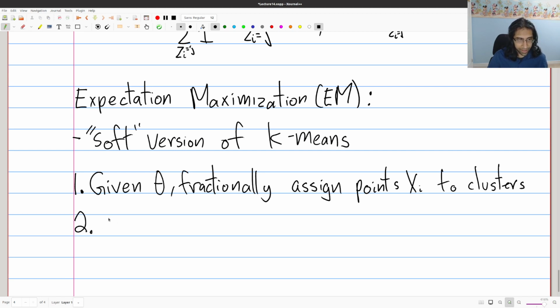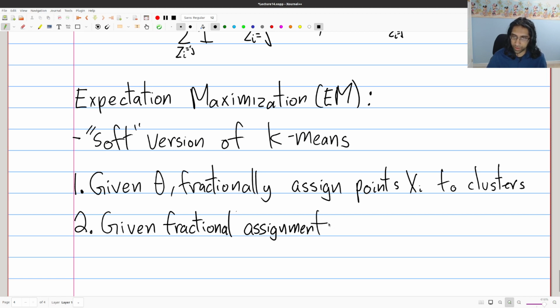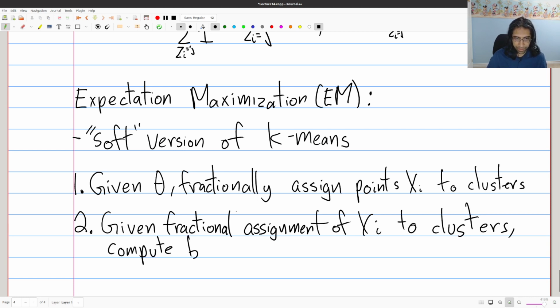The second thing is, given our fractional assignment of points to clusters, we compute the best theta.